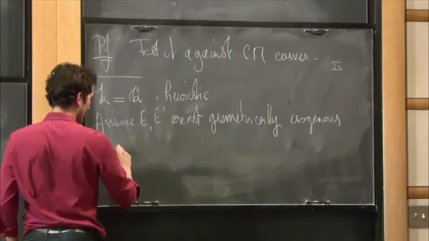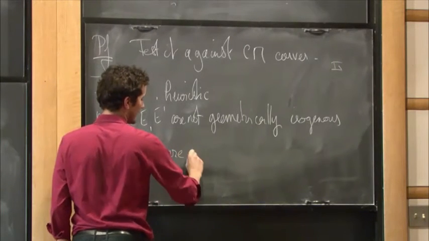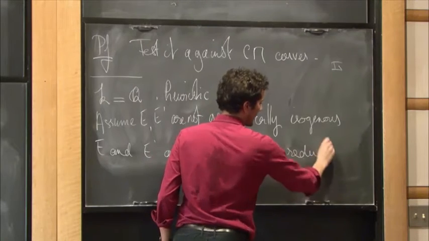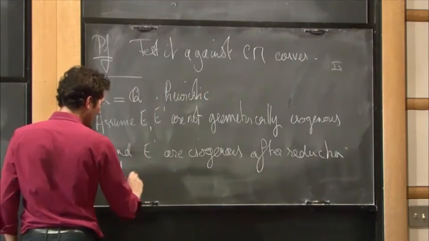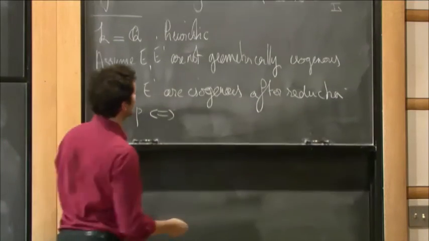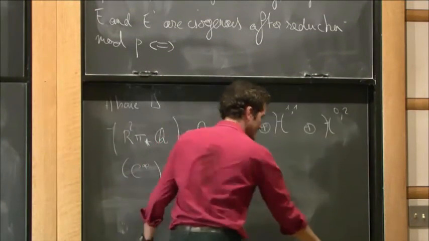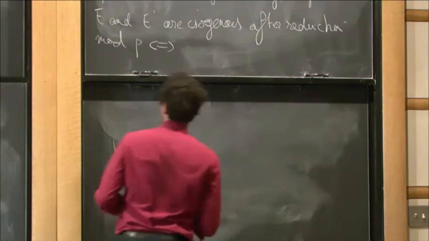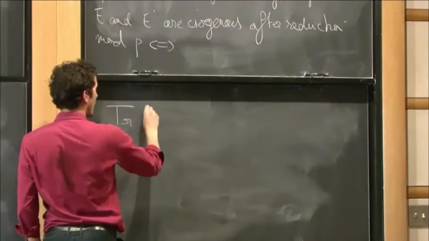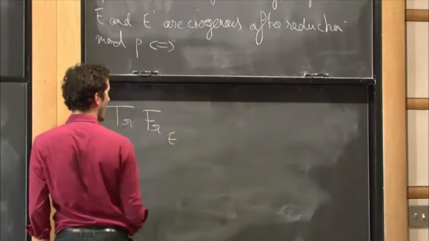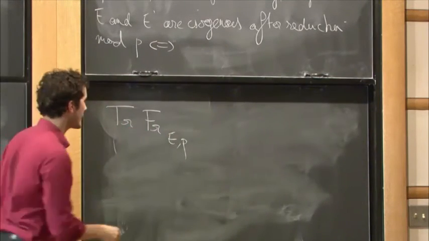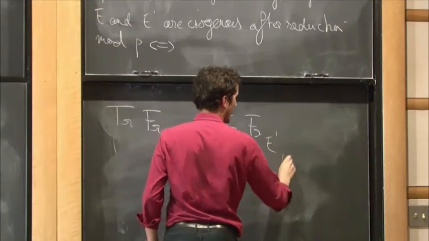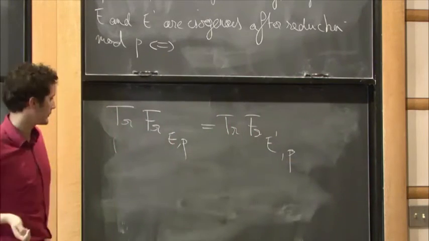Well then, the only way E and E prime are isogenous after reduction mod P is if the trace of the Frobenius of E at P acting on H1 is the same as the trace of Frobenius of E prime at P, acting also on the Tate module, right?